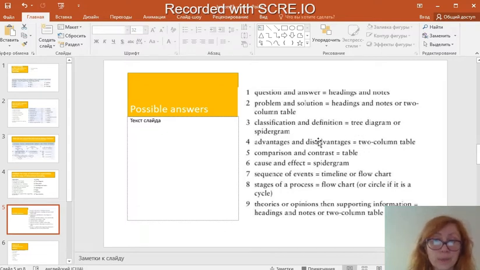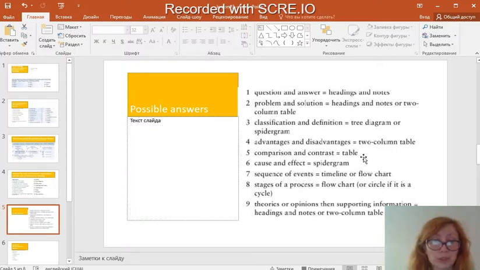It depends. Yeah. If you got some classification and definitions, probably students use a tree diagram or spidergram. It depends. Yeah. Advantages and disadvantages. That's easy. They use two-column table, comparison and contrast.